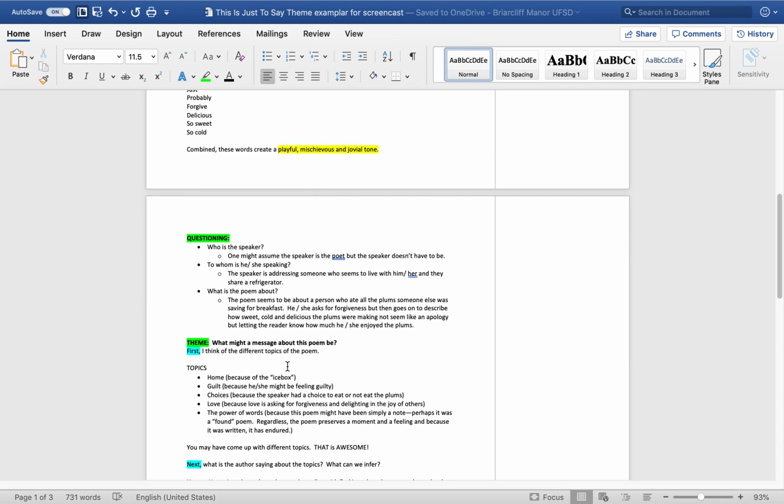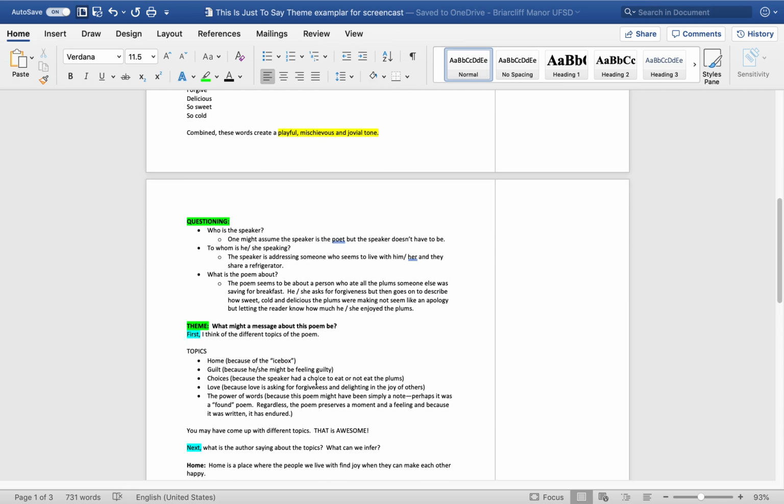And so, first of all, I thought about some topics, and the poem might be about home, because of the icebox, or about guilt because he or she might be feeling guilty. Perhaps a topic could be choices because the speaker had a choice to eat or not eat the plums.